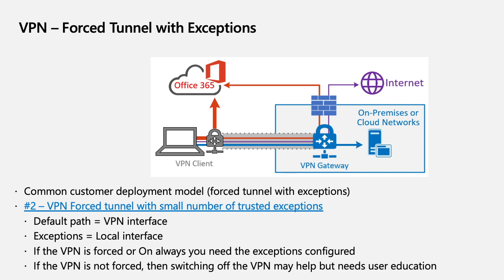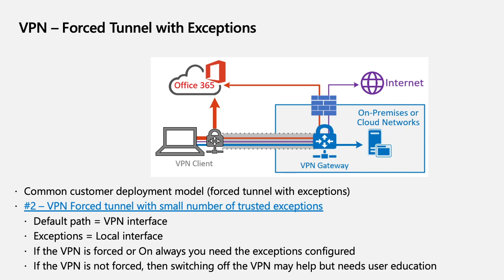The difference is, as an administrator, you can step in and define some exceptions that have a direct connectivity path using the local interface. So as you can see in the drawing, the orange line that goes directly from the VPN client to Office 365 indicates the list of exceptions defined to have an optimized network path with direct connectivity using the local interface.